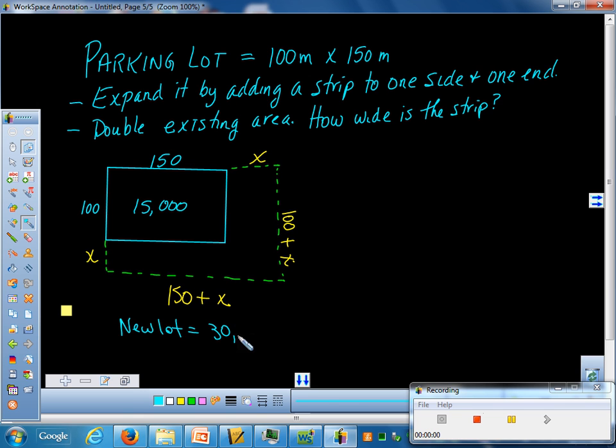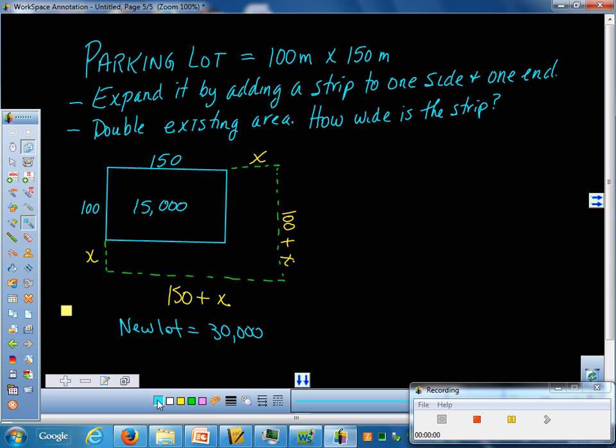Okay, so can you write me an equation involving the stuff that we have X in, so we can get an equation to solve for X? What do I know about this situation that uses these new dimensions I created? Do what with the 150 plus X and the 100 plus X? Add, subtract, multiply, divide?